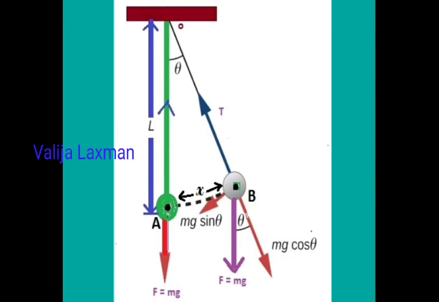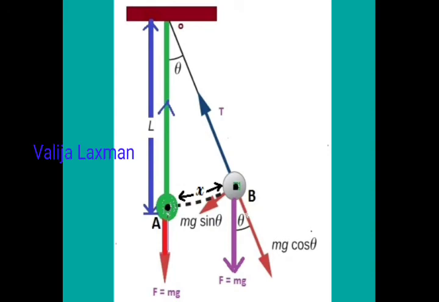Displacement. This mg sin theta is called the restoring force. Remember, mg sin theta is called which force? Restoring force. Because it is trying to restore the position of the simple pendulum to point A. It wants to bring it back to point A. So mg sin theta is called the restoring force, and this restoring force is in the opposite direction to the displacement. So with respect to that, we are writing one equation here.